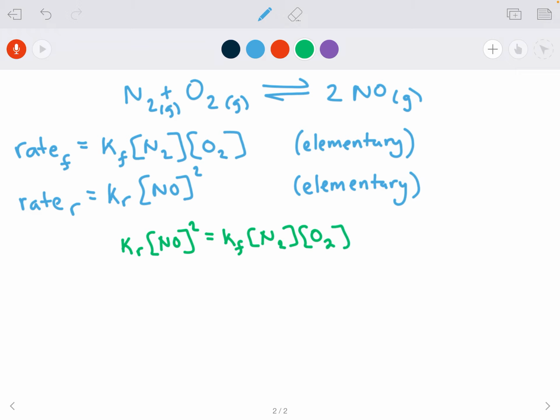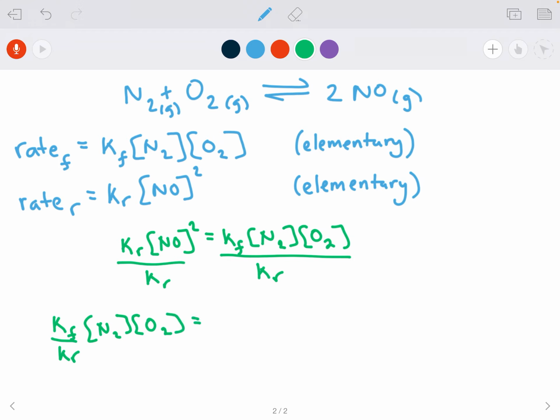Now I'm going to rearrange this equation. I'm going to divide both sides by Kr first, and that will give me Kf over Kr times N2 times O2 is equal to NO squared.